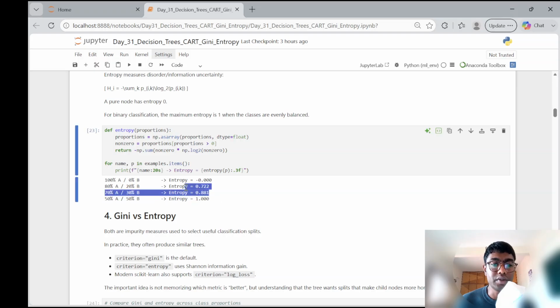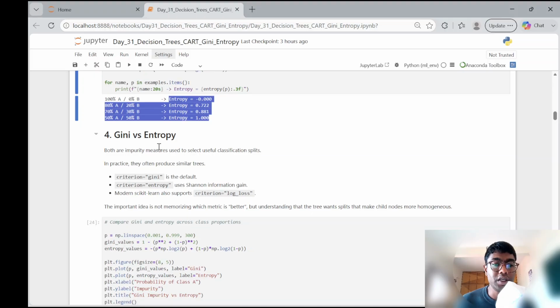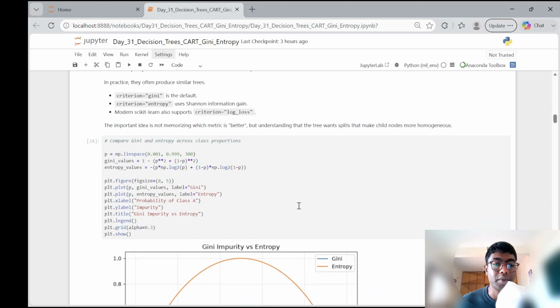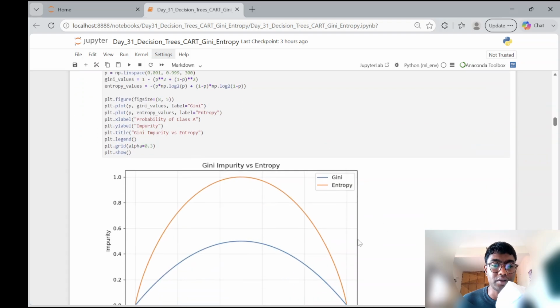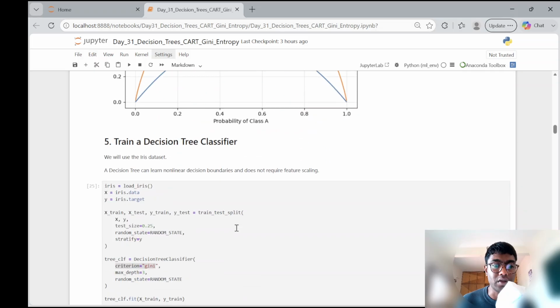So it has values something like this. It can also take up minus values also. So Gini and entropy are a similar kind of parameters. We can specify them with this parameter, but default is Gini, and we can also specify entropy like this. A graph looks like this for Gini and entropy.